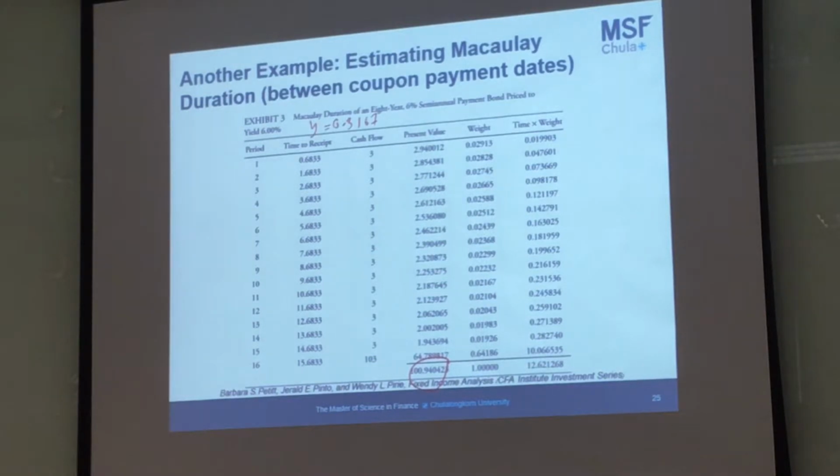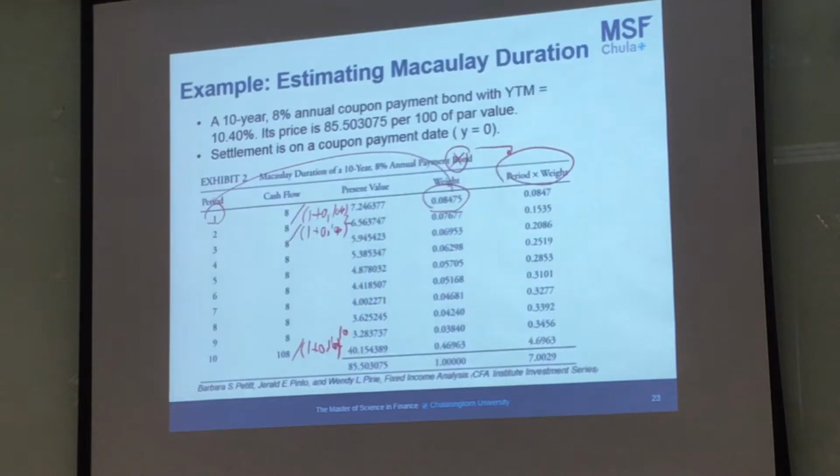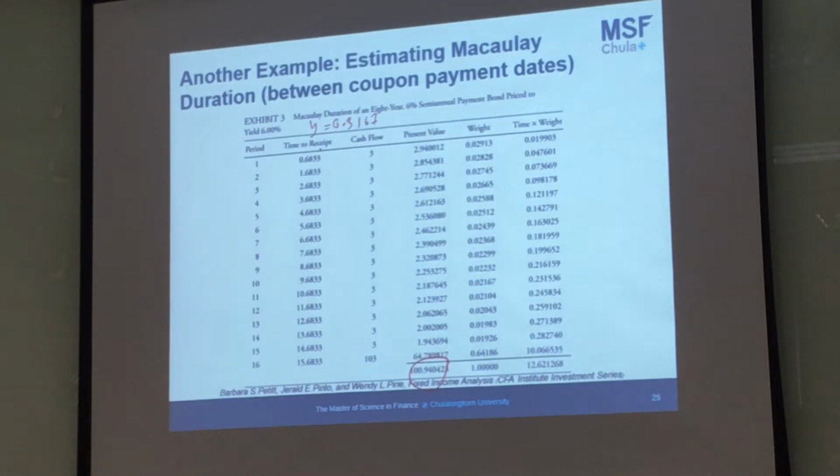Okay, so time to receive is 1 minus Y. Just follow this formula. 1 minus Y, where Y is 0.3167, the period minus Y, right? And so on: 2 minus Y, 3 minus Y, until 16 minus Y, because this is semi-annual coupon payment.